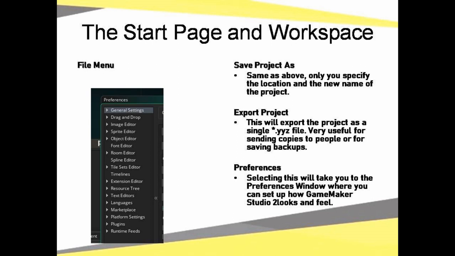The next thing is Preferences, which takes you to the preferences window where you can set up how Game Maker Studio looks and feels, which is what we have discussed previously. If you want to edit or personalize how the game engine environment looks and feels for you, you can go to the preferences window.